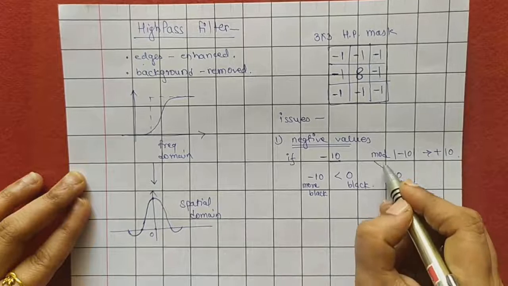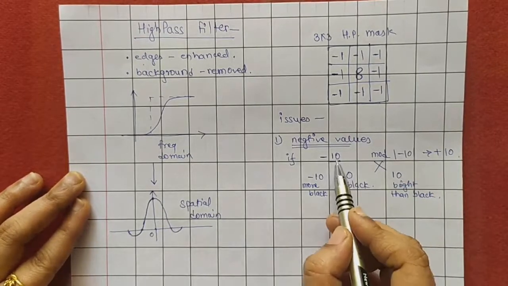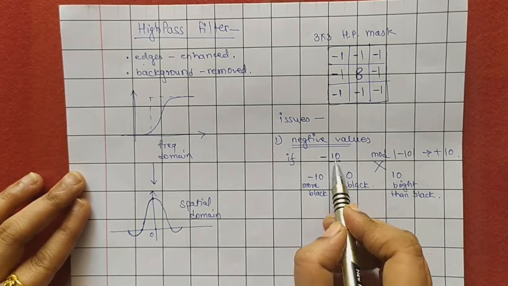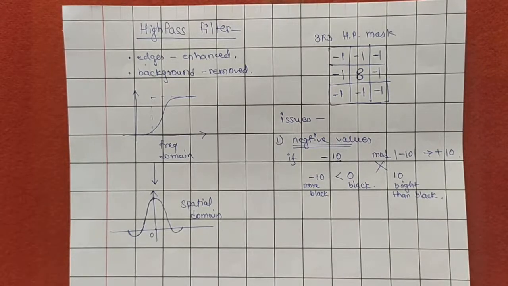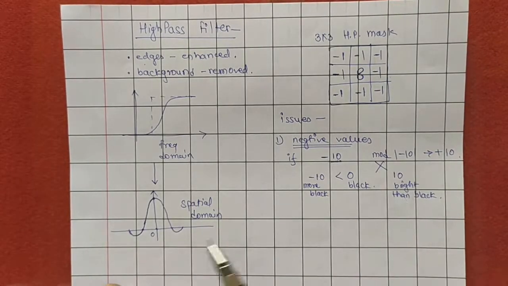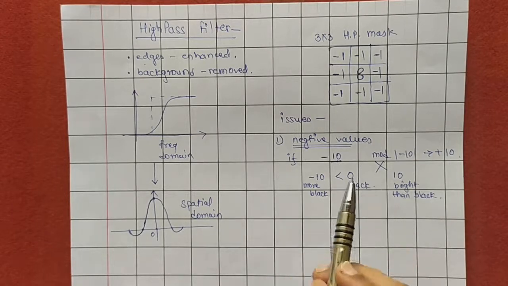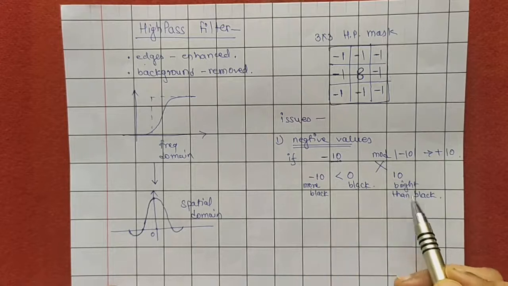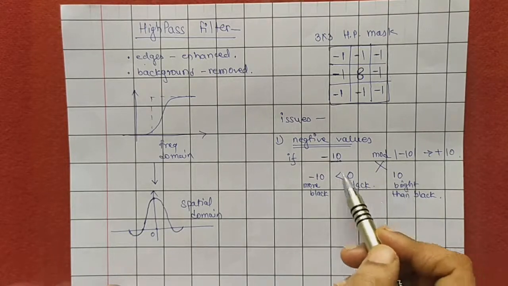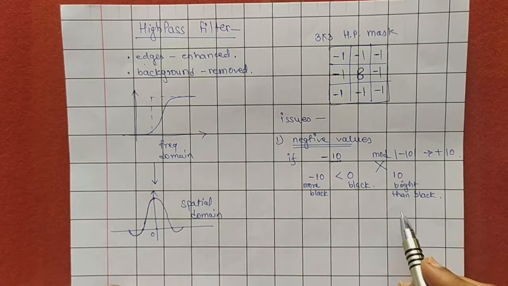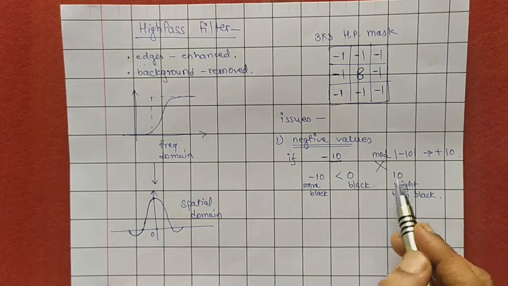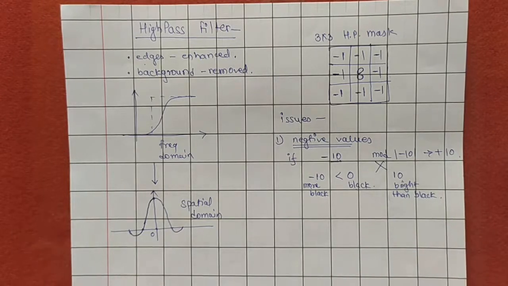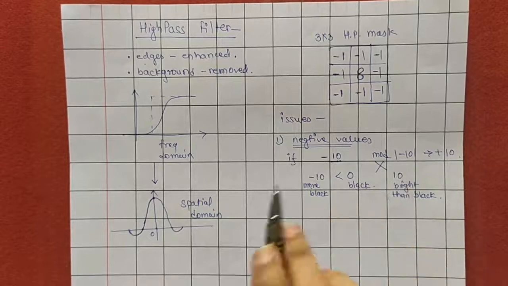That means taking the mod is not a good idea for dealing with these negative values. Actually it is blacker than black, but these are considered brighter when we take the mod, and it will affect the gray values of the entire image, because bright spots can be observed over the image if we take the mod of such negative values.